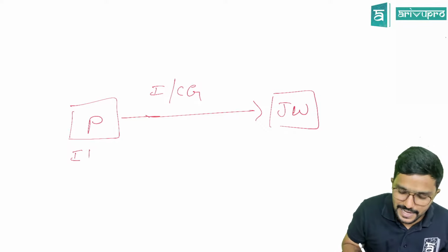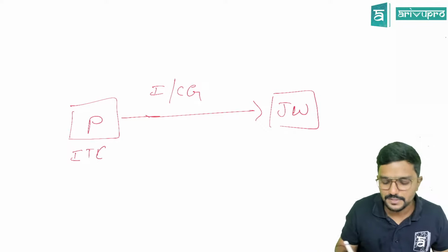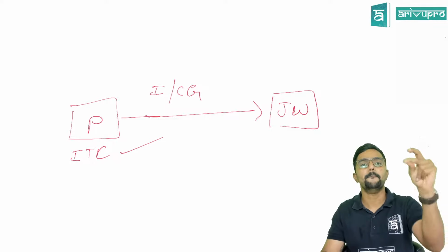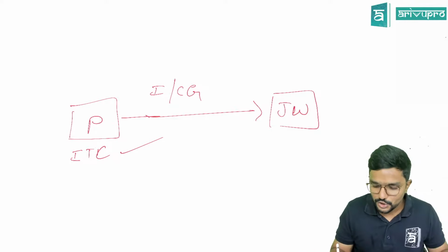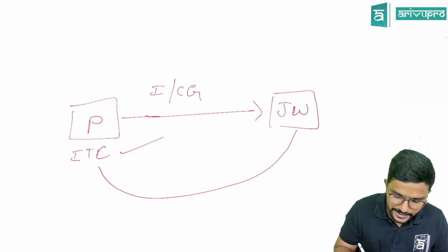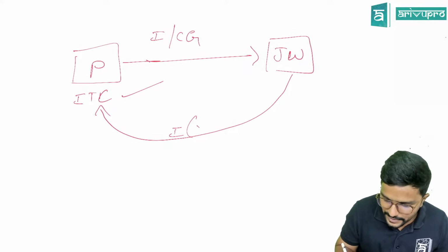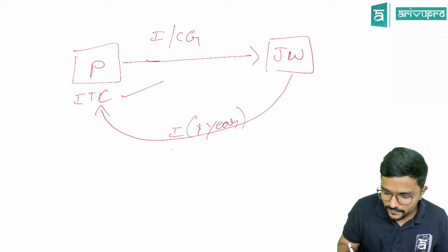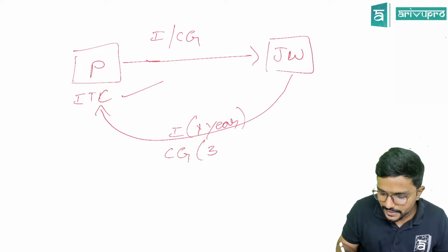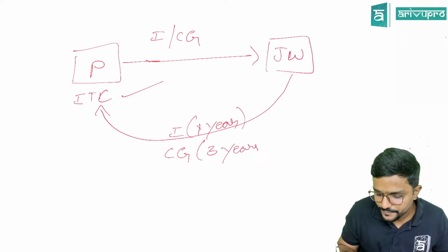The question is, can ITC be claimed by the principal? Yes, it can be claimed. But the job worker has to return the inputs and capital goods. Inputs have to be returned within 1 year, and in case of capital goods, within 3 years.